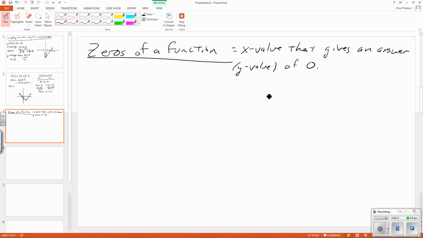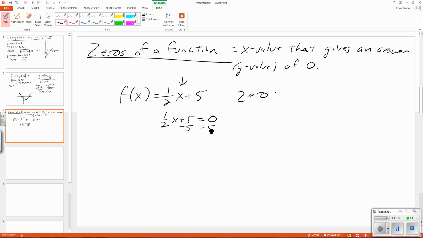So the y value is 0. What x made that happen? So let's say I had f of x equals 1/2 x plus 5. And I said, what's the zero of that function? So what I want is this answer. I want to know, what do I plug in here so that when I do all my calculations, I get an answer of 0?